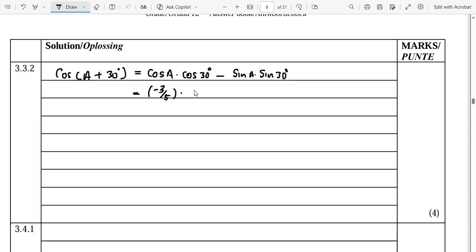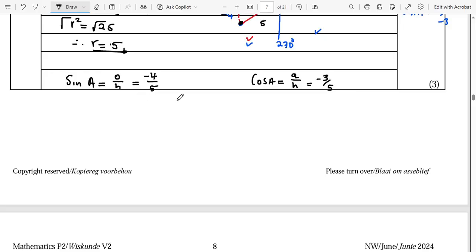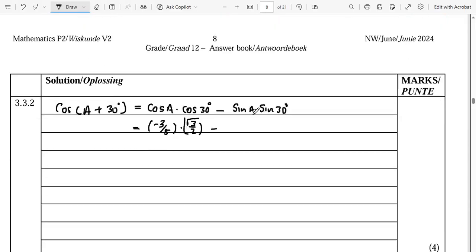You just have to use your calculator on that, né? When you say cos 30 on your calculator, this gives us root 3 over 2. We minus the sine A, it's what we calculated on the previous question. It's minus 4 over 5, and then the sine 30, that's half.